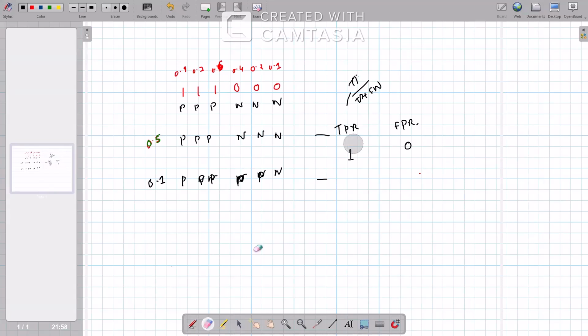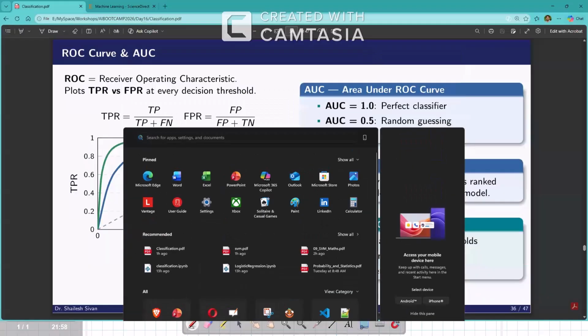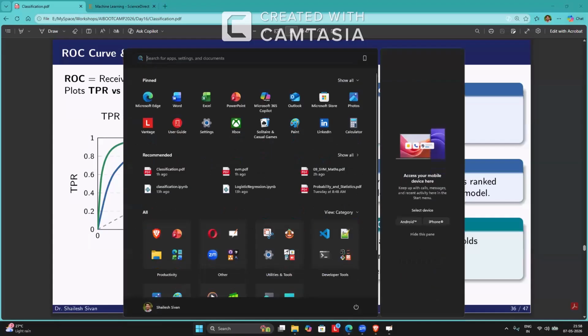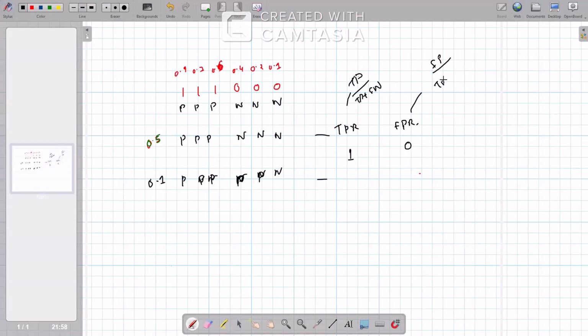And what about FPR, the false positive rate? It is FP by FP plus TN.